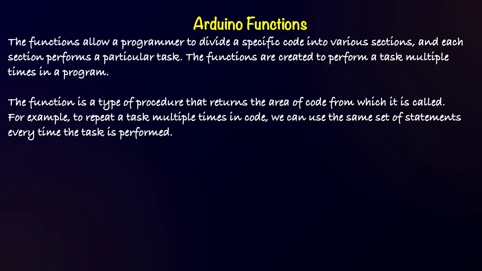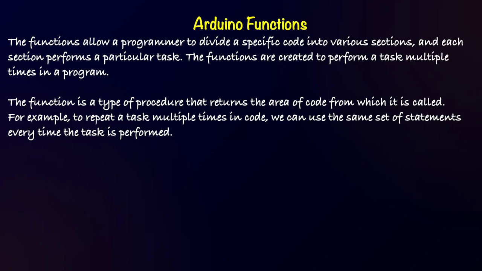I have worked on programs with a few hundred lines of code in Arduino alone. So there is a need for dividing or segregating the code into different sections, and each section performs a particular task. Functions are created to perform a task multiple times in a program.